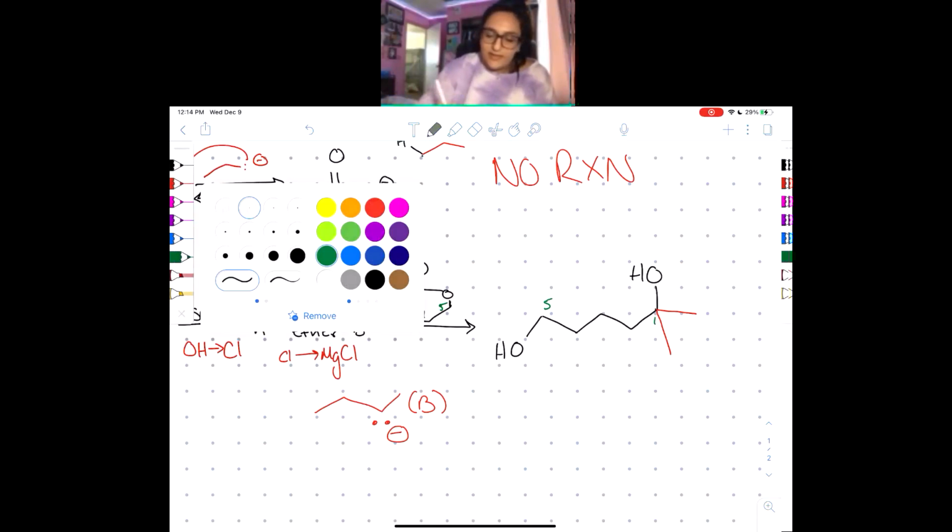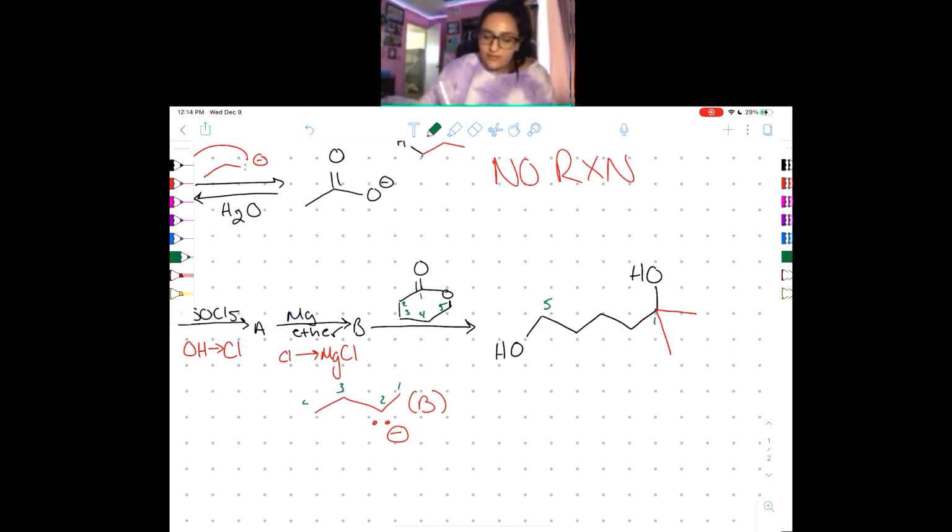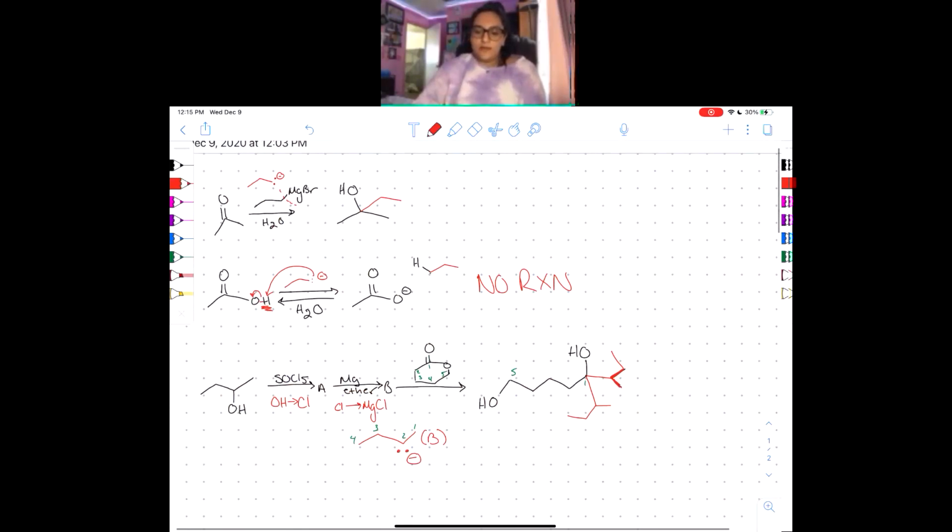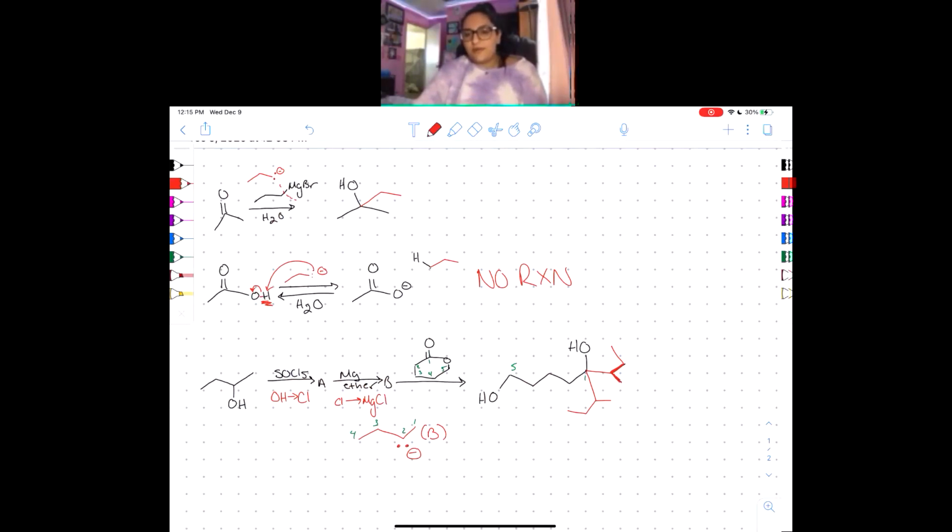And the Grignard has 1, 2, 3, 4 carbons, and we attach at carbon 2. Ta-da! So this is our final answer.